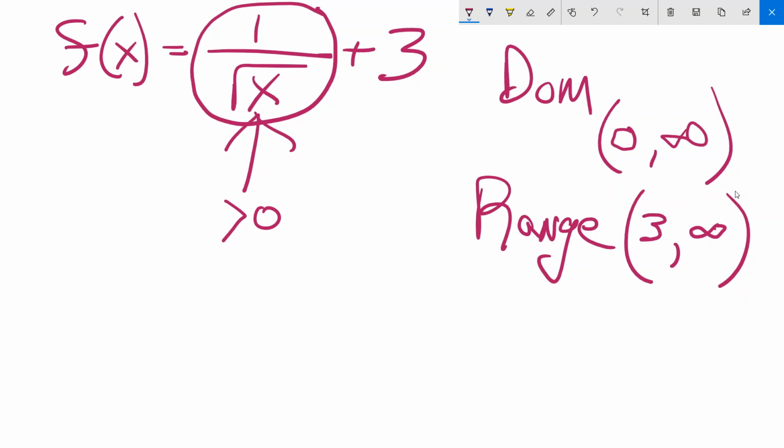Okay. So there's no way to make it exactly 3, because then I would require the circled part to be 0, and there's no value of x I can put in there to make that 0. It's always going to be some positive number. So it can come close to 3, but it can never be 3. So therefore the parenthesis.